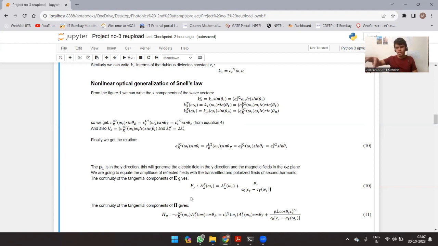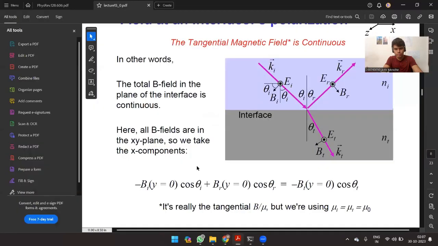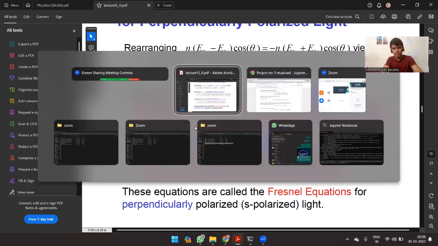That's our H. And we also write B in terms of E. With these three equations, we can readily show the reflection and transmission coefficients, right? There's this over there. These are the Fresnel's equations for the linear case, right?